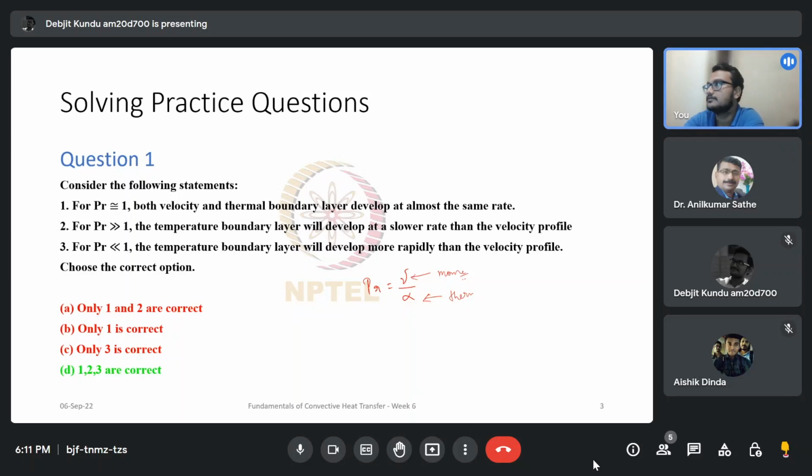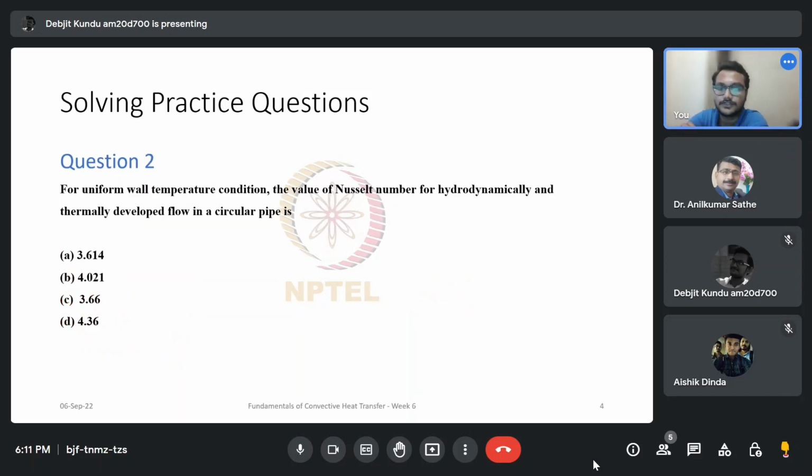We will move on to question number 2. Question number 2 says for uniform wall temperature condition, that is, the temperature is constant, the value of Nusselt number for hydrodynamically and thermally developed flow in a circular pipe is how much? 3.66.